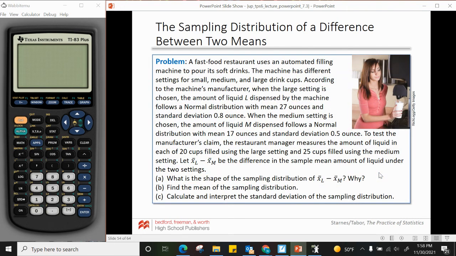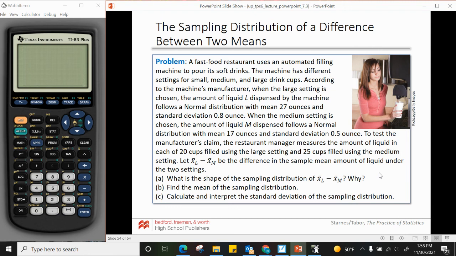So here's one more example. A fast food restaurant uses an automated filling machine to pour its soft drinks. The machine has different settings for small, medium, and large drink cups. According to the manufacturer, when the large setting is chosen, the amount of liquid L dispensed follows a normal distribution with a mean of 27 ounces and a standard deviation of 0.4 ounces.